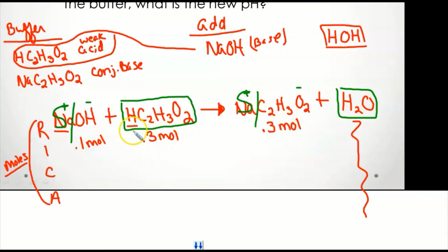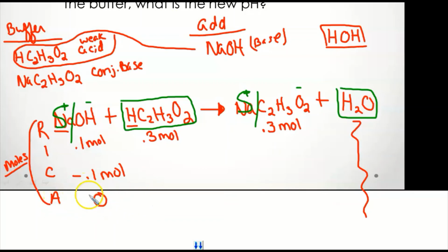All right. So, not worrying about this guy over here. The job of the buffer is to make this guy go away. So you look at your two reactants, and whichever number is the smallest, which in this case is 0.1, that's how much you're going to lose. So 0.1 minus 0.1 is 0. This is why it's a RICA table, because somebody has just gone to 0 on us. It's not going back and forth.